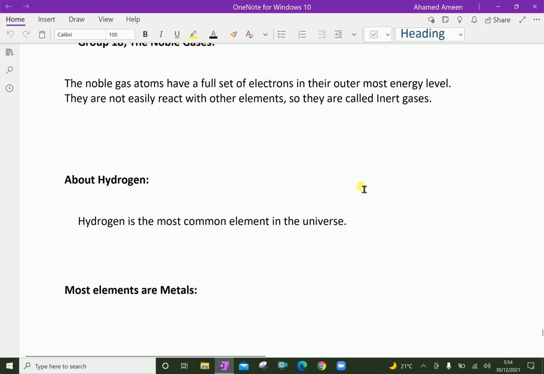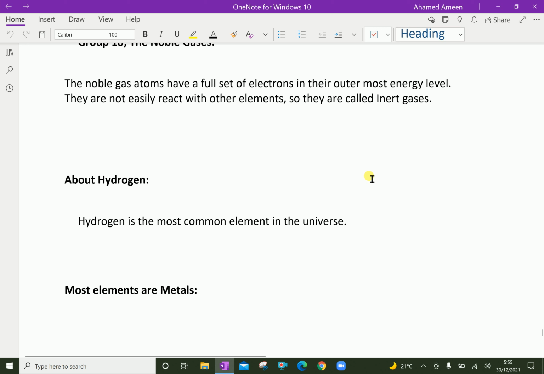The noble gas atoms have a full set of electrons in their outermost energy level, except for helium, which is 1s2. Noble gases have an outer shell configuration of ns2 np6. From the low chemical reactivity of these elements, chemists infer that this full shell of electrons makes these elements very stable, because the outermost shell has 8 electrons.